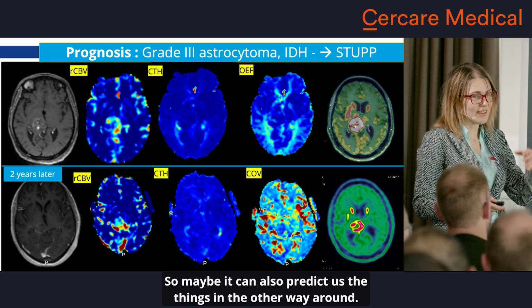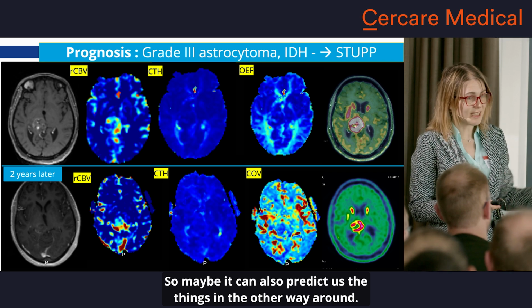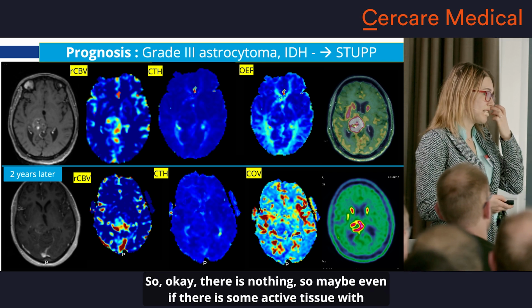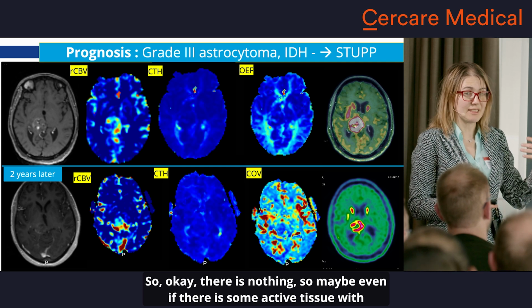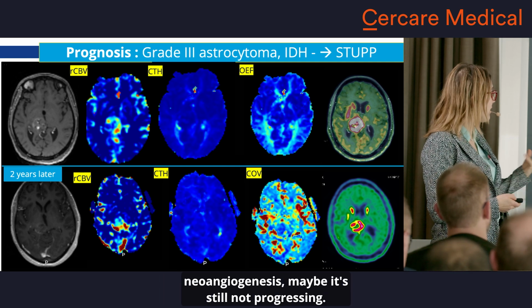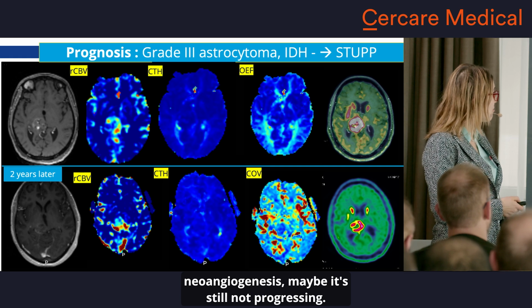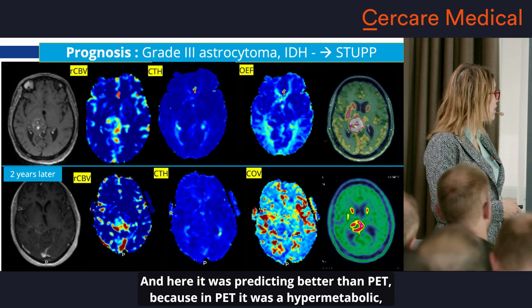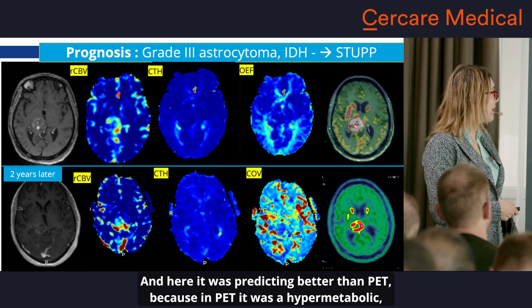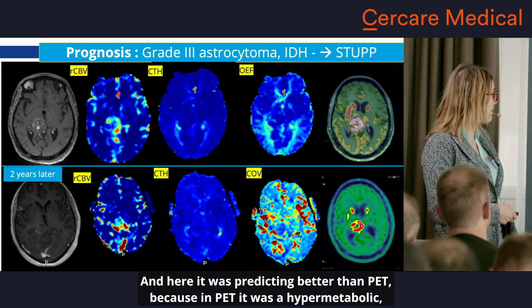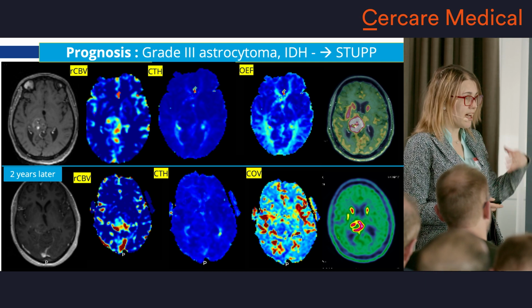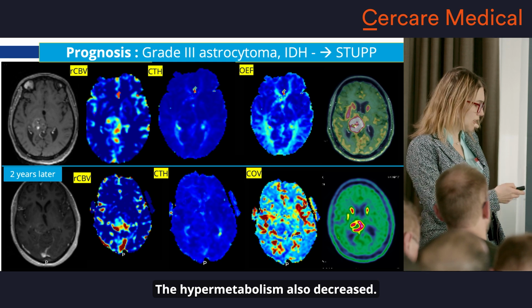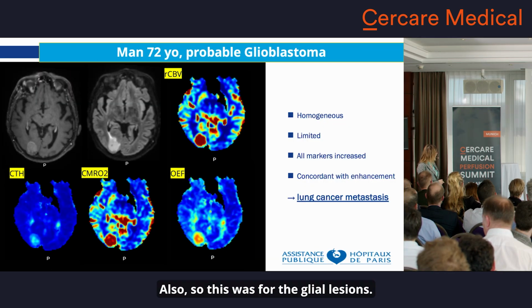So maybe it can also predict things the other way around. Let's say, okay, there is nothing, so maybe even if there is some active tissue with neoangiogenesis, it's still not progressing. And here it was predicting better than PET, because in PET it was hypermetabolic, and you see two years later, same treatment, no changes. The hypermetabolism also decreased.